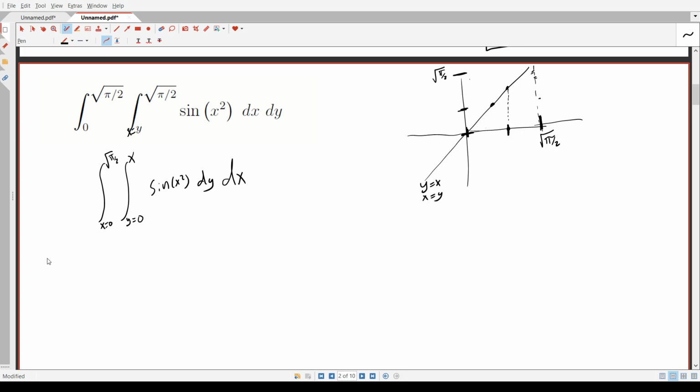So it's the integral from x equals 0 to root pi over 2, and I integrate this with respect to y, so that gives me sine of x squared times y from 0 to x, dx. If I plug in x, I get x sine x squared, minus if I plug in 0, I just get 0.